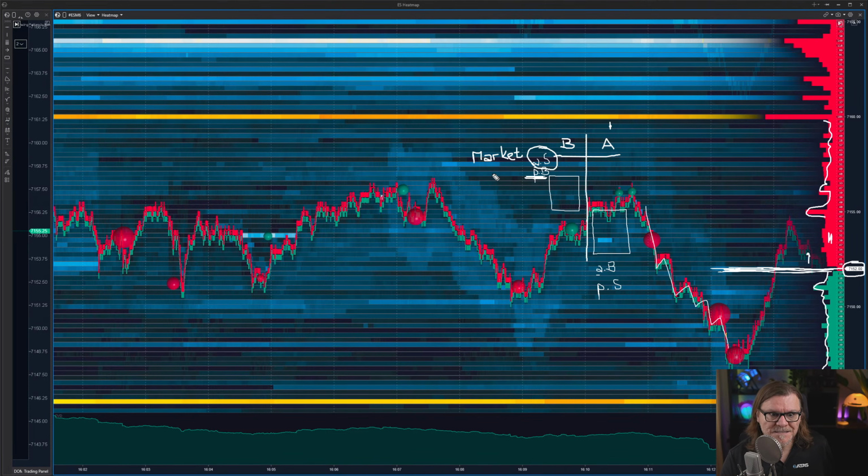And passive buy, these are limit orders. You know that you can place a limit order as well, but then you need to wait until the price gets to that level. Otherwise, you won't get executed. If I place a sell limit order at this level, at 7,160, then I need to wait until the price gets to my level and I get filled.